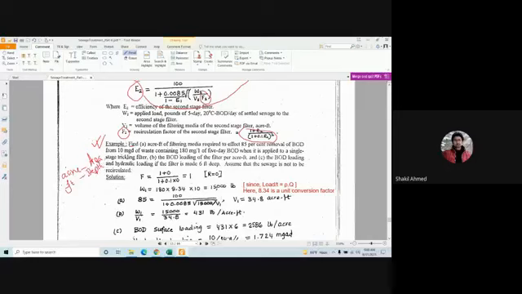So acre feet actually refers to surface area multiplied by depth. So this is basically the volume.